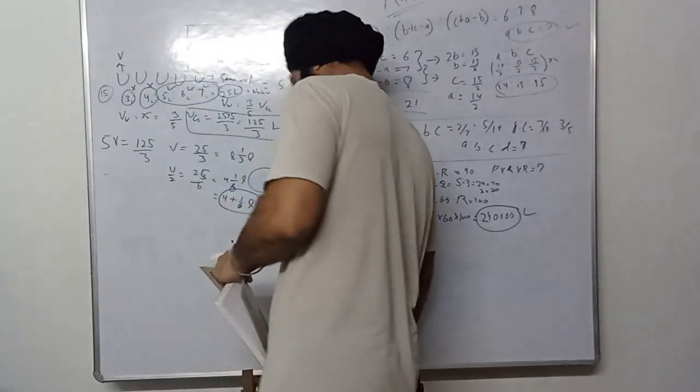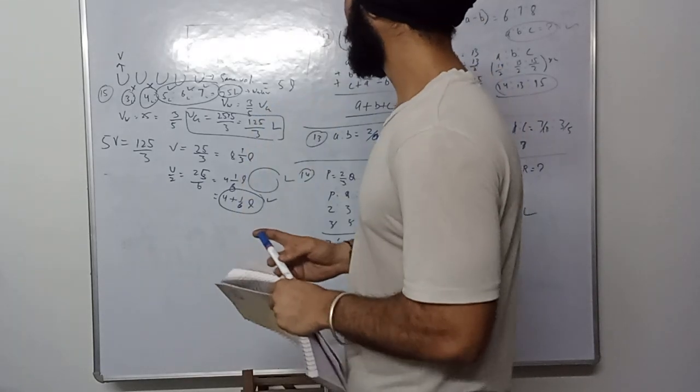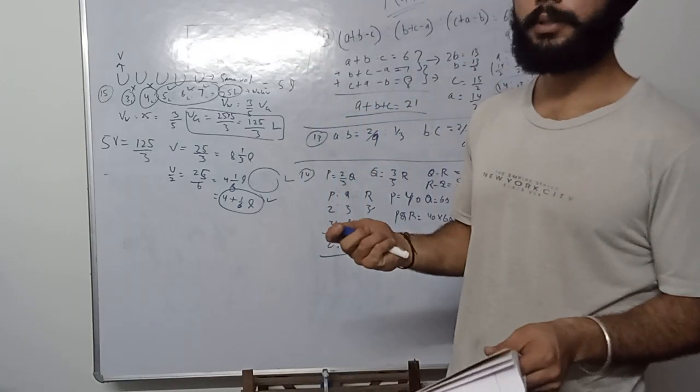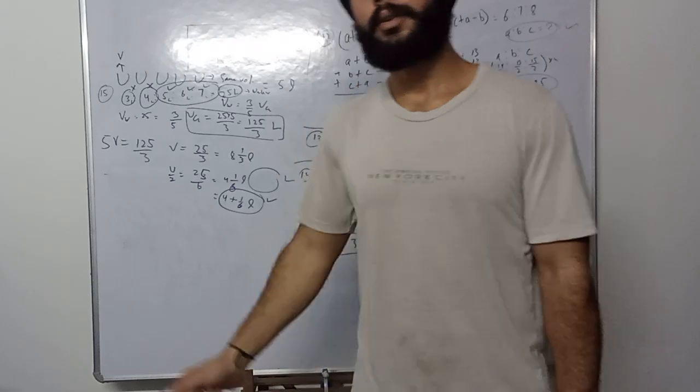So these are the top 15 questions which I guess we need to know about ratios. It's not that the whole ratios chapter is done in these 15 questions. We will do other questions also.